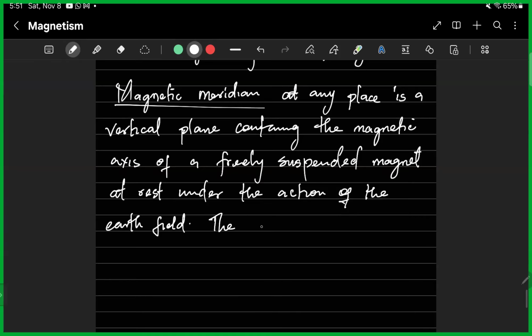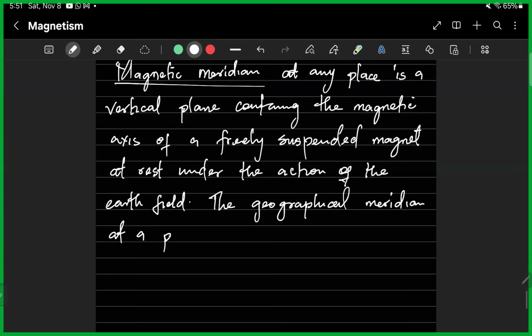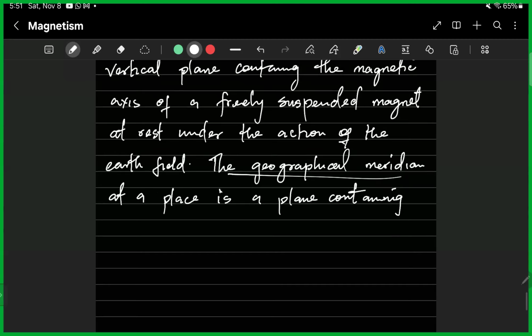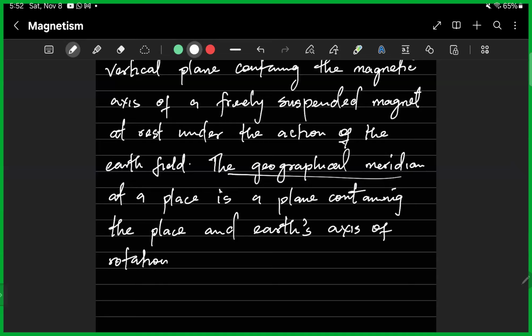The geographical meridian at a place is a plane containing, so this is a separate thing, the place and the earth's axis of rotation. So take note of those definitions.